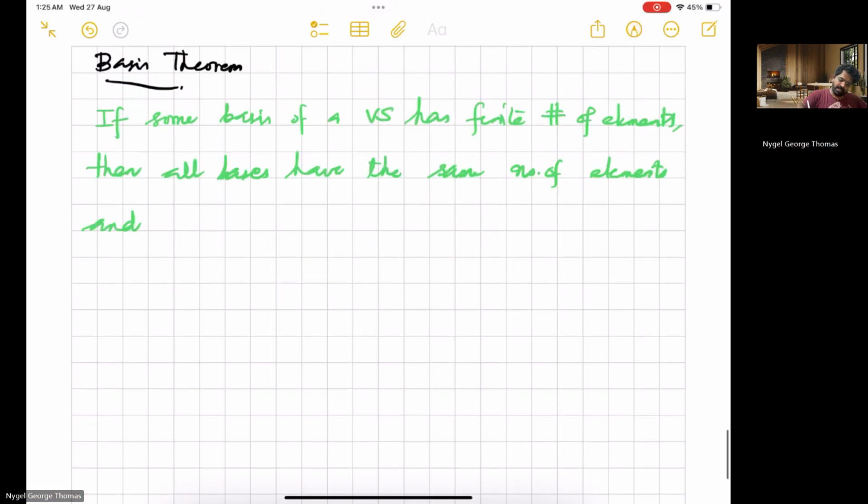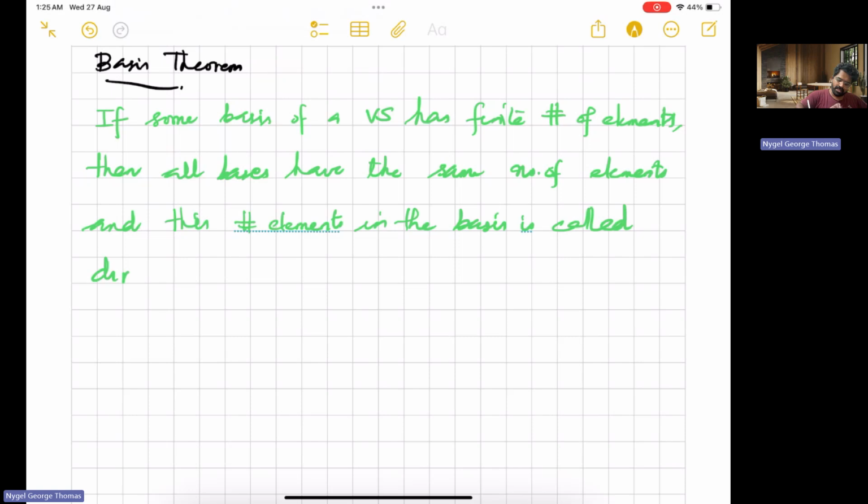And this number of elements in the basis is called the dimension of a vector space.